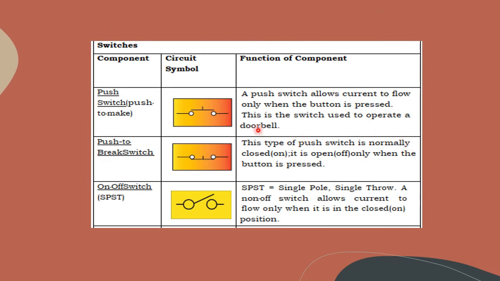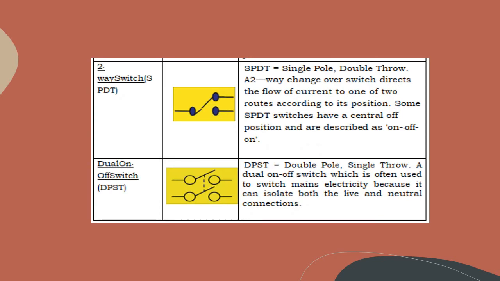For switches, we have the push switch, push to break switch, and on-off switch. This on-off switch is the most commonly used symbol, the basic one. We also have the two-way switch and dual on-off switch.